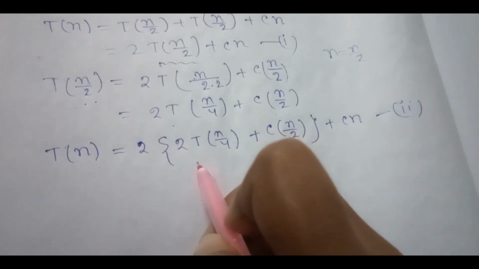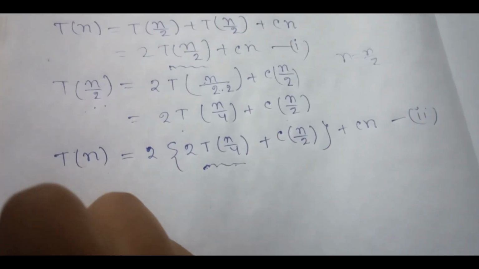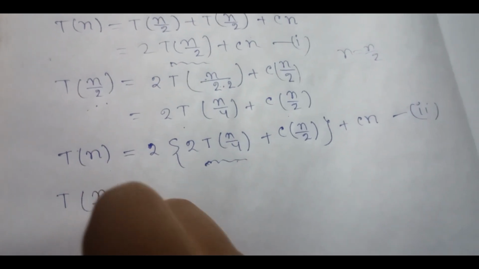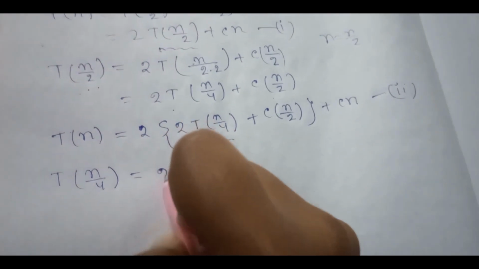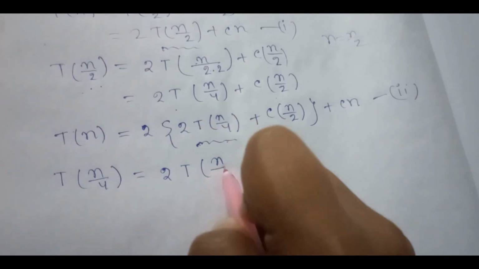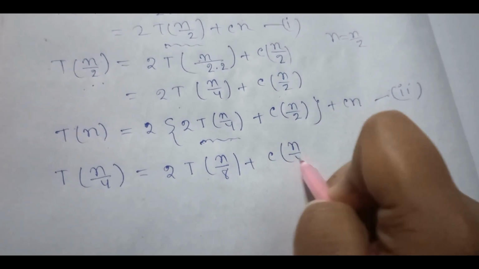Again, we try to find out the value of T(n by 4). T(n by 4) is equal to 2T(n by 8) plus C n by 4.